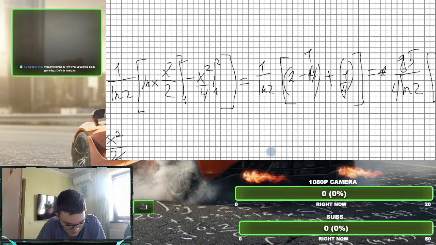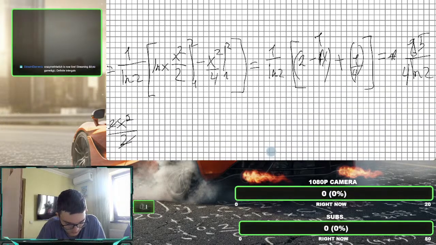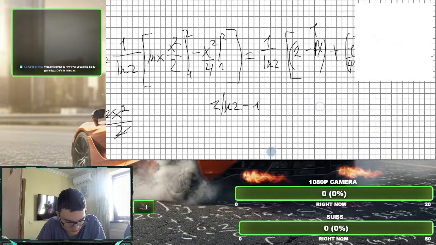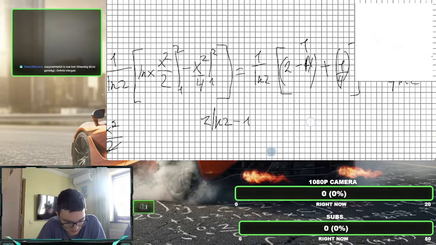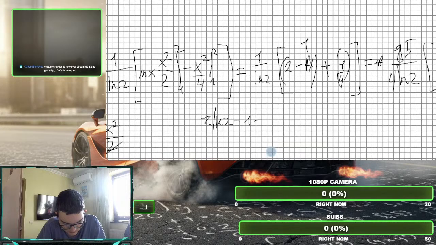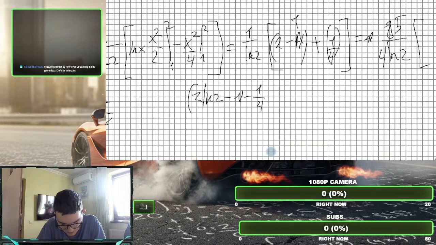So essentially it's going to be at x equal to 2 ln 2 minus 1, and at x equals 1, it's going to be 0 minus 1 divided by 4. And I'd have 2 ln 2 minus 3 divided by 4.